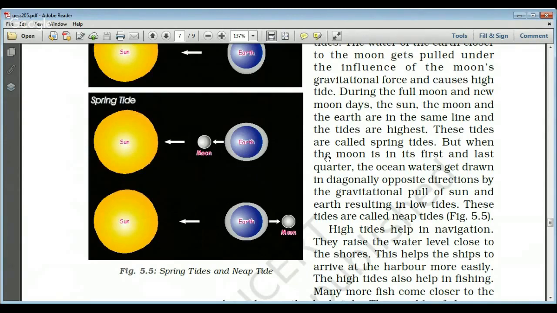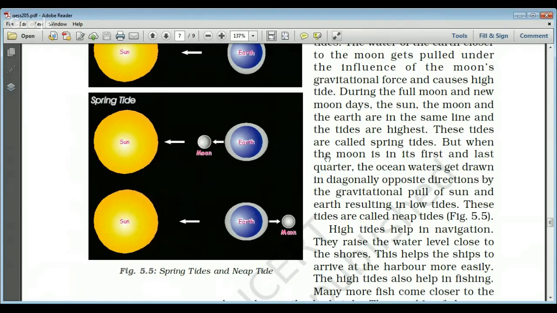But when the moon is in the first and last quarter, or when the moon makes a 90-degree angle with the earth and sun line, then the water will be attracted towards the sun also and towards the moon also.